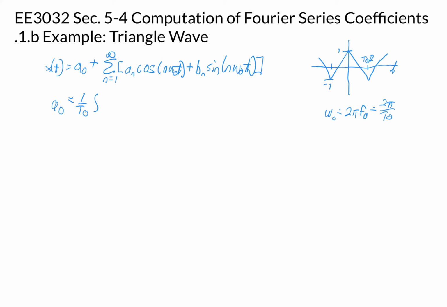In particular, for the triangle wave, let us take a look at the symmetry. It has a straight line segment for half of the period from 0 to t0/2, and it has another straight line segment, which is just a time reversed image of the other one, from negative t0/2 to 0.